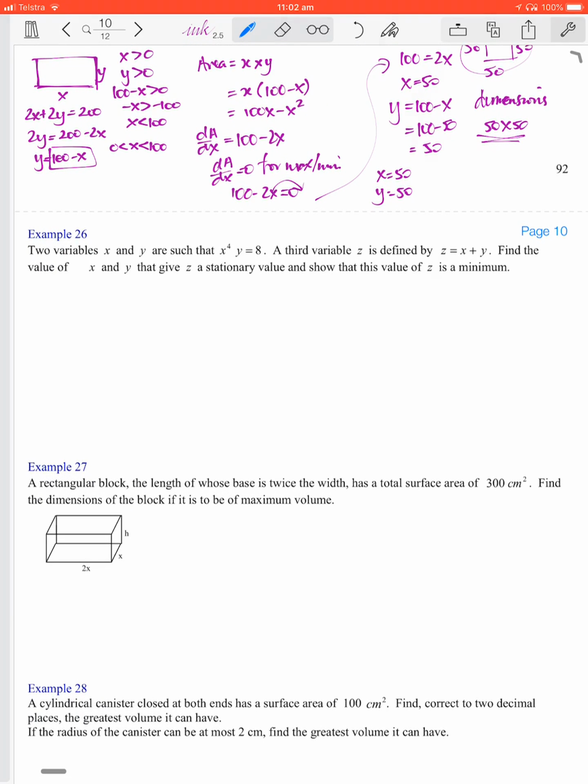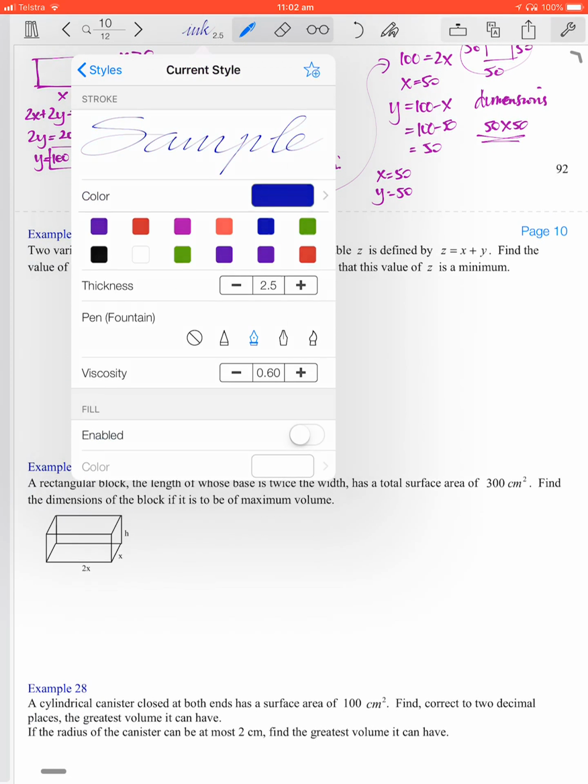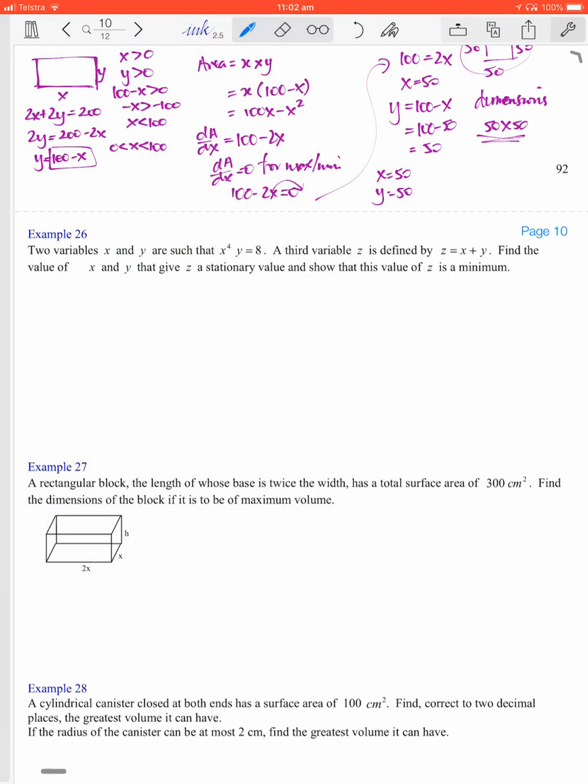Okay, two variables x and y are such that x to the power of 4, y equals 8, and z is equal to x plus y. Find the value of x and y that gives z a stationary value and show that the value is a minimum. Oh, we could have also proved that this was a maximum by finding the second derivative and subbing it in.